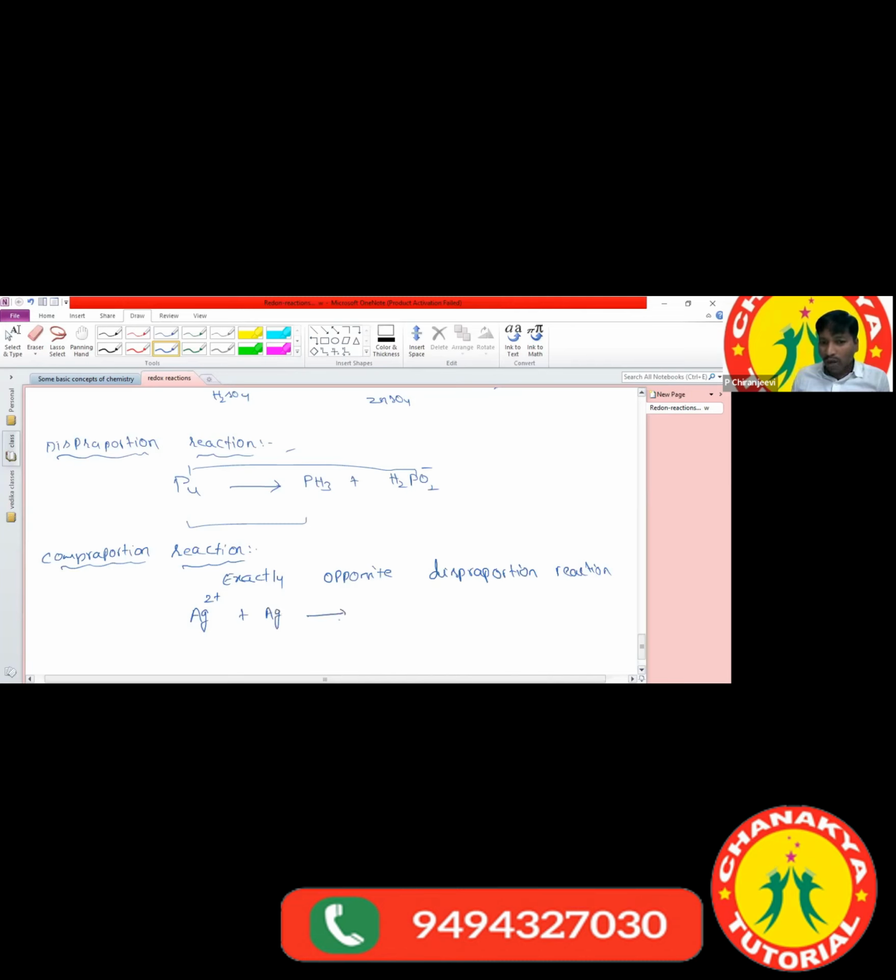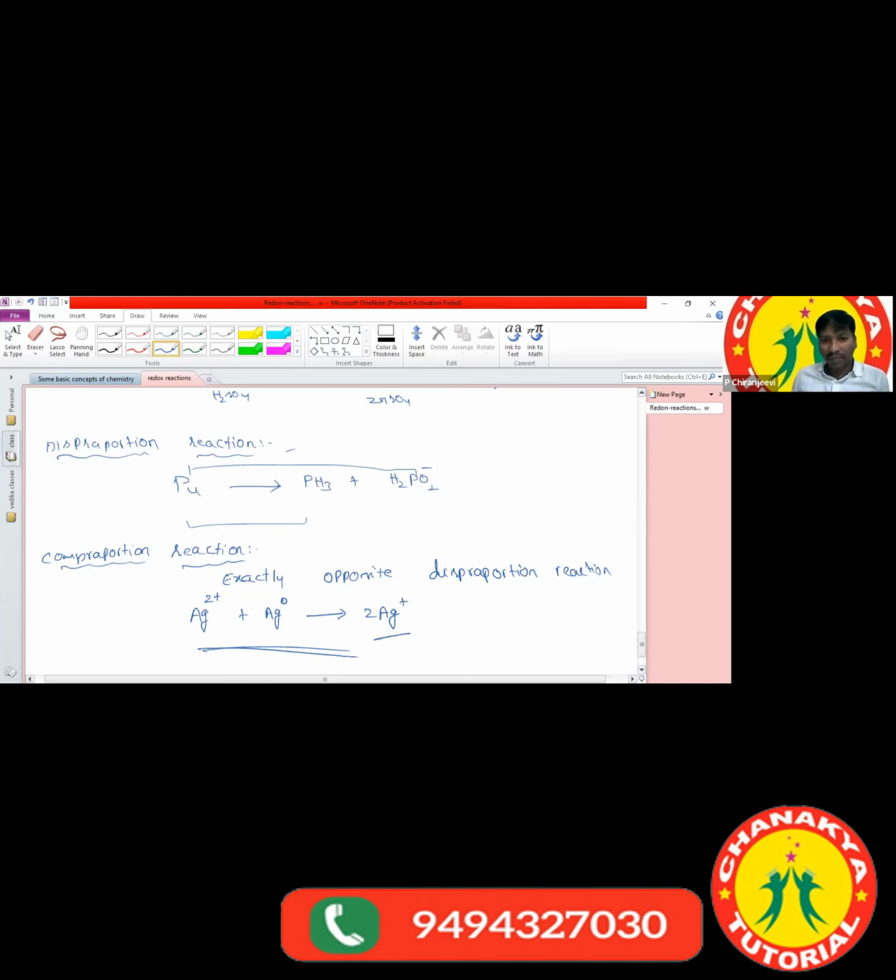If these two combine together, it forms 2 moles of Ag+. So the atoms which exhibit two different oxidation numbers combine together to exhibit a single oxidation number, and this is called a comproportionation reaction.